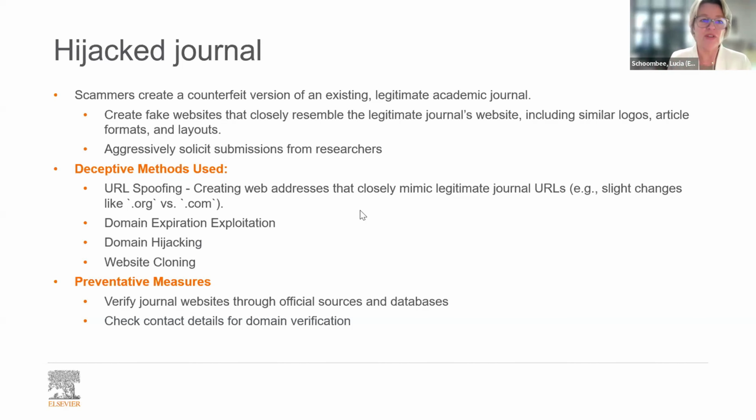So the preventative measure with hijacked journals is to verify the journal website through official sources and databases. You can check the official website on the web, and you can also check in an index like Scopus to see whether it is the real website, and also check the contact information on those websites. This does not happen as often as predatory journals, but it is also quite prevalent.